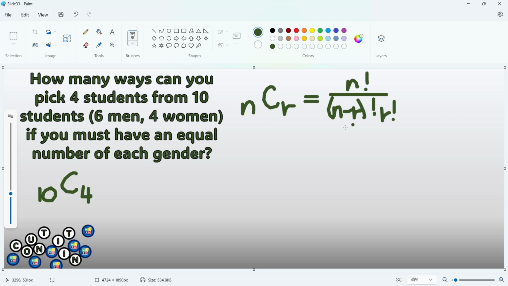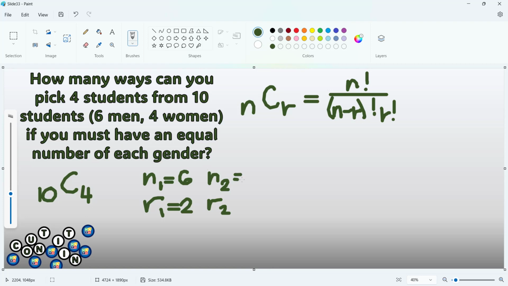But we are going to have 2 sets of this and take their product, because in this case, when items are specified, you have 2 n's and 2 r's, taken on each specified n at a certain time. Say, for example, let's talk about men. The first gender specified here, there are actually 6 men and you are to take 2 of them, because you would like to have an equal number of each gender for the 4 students.